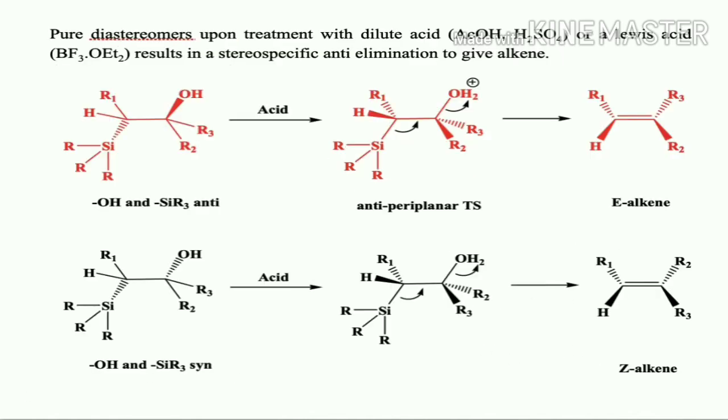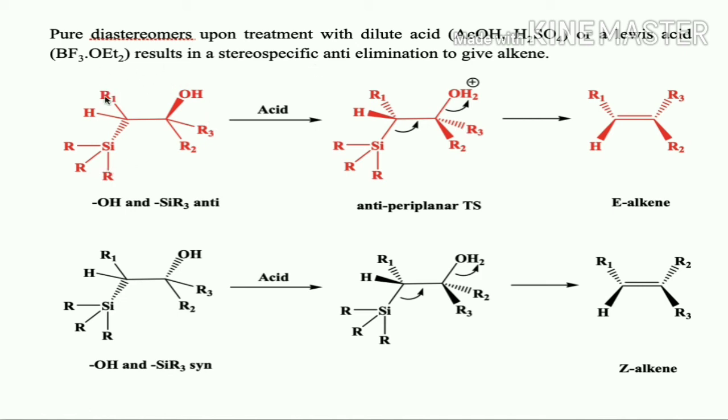First, we will see what happens if we treat a pure diastereomer with acid. Pure diastereomers, upon treatment with dilute acids like acetic acid, H2SO4, or even a Lewis acid, result in stereospecific anti-elimination to give alkene. The term you need to remember here is stereospecific.